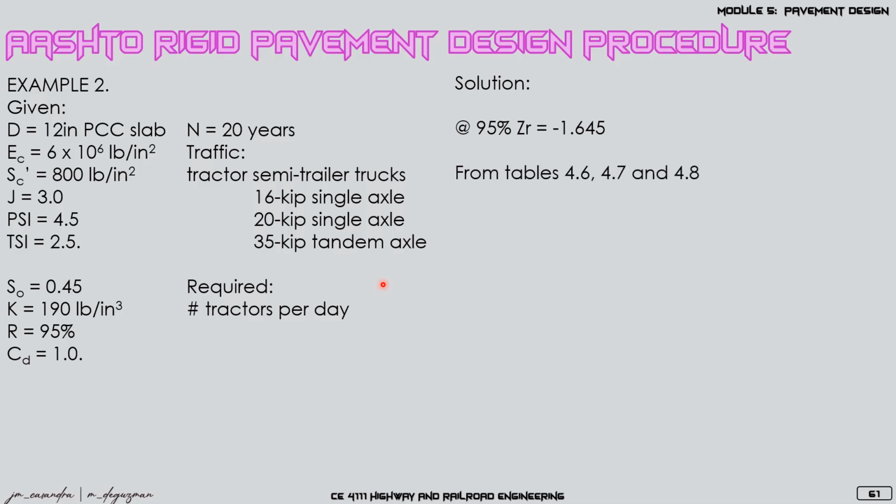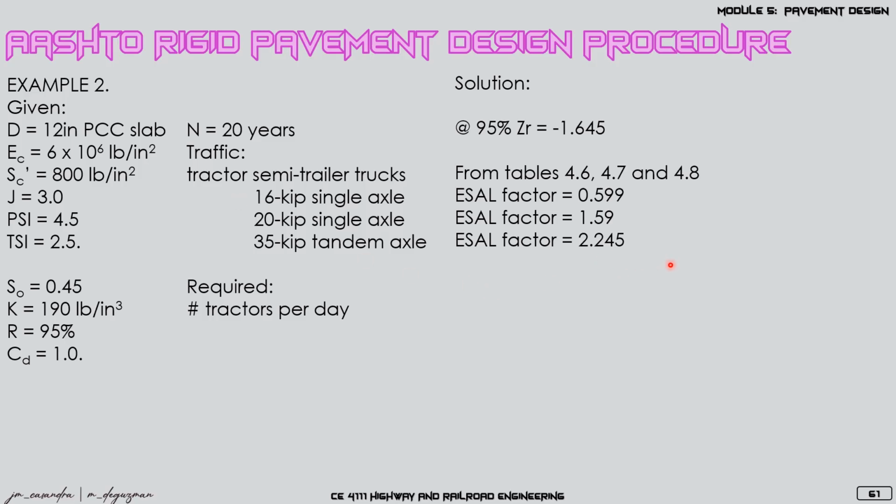And from tables 4.6, 4.7, and 4.8, we can now identify our equivalent factors for a single and tandem axle. So for a 16-kip single axle, we'll have an equivalent factor of 0.599. And for a 20-kip single axle, we have a single axle load factor of 1.59. And a 35-kip tandem axle will have a factor of 2.245.